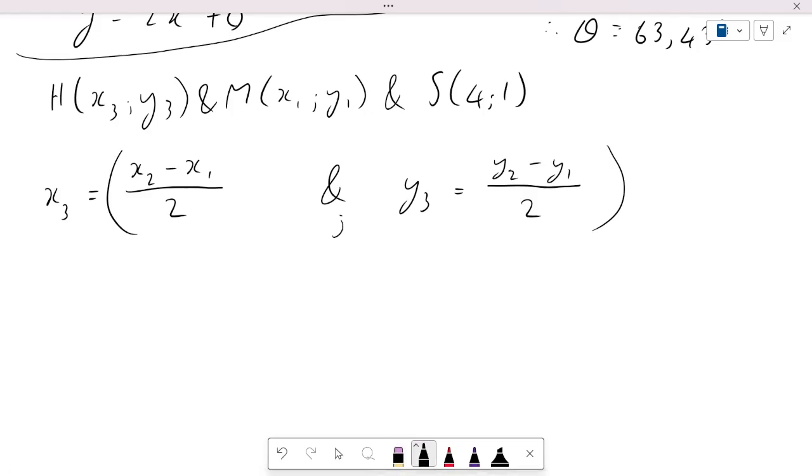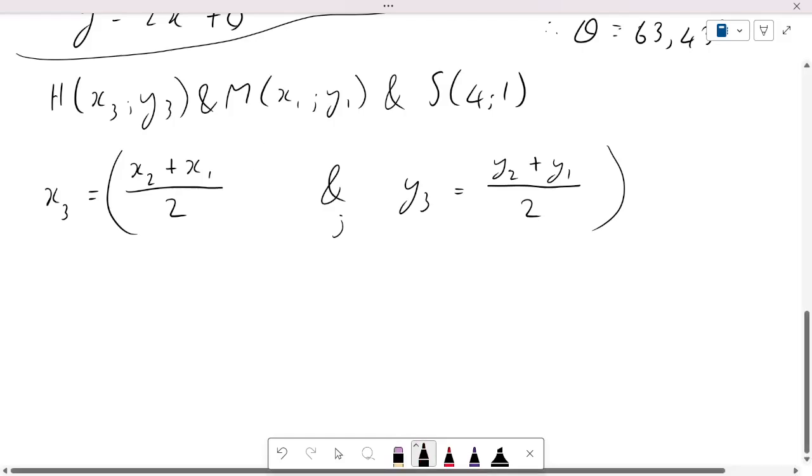Wait, hold on, give me a moment. Okay, I referred back to my formula. It's not minus, sorry, I got the gradient confused. Just note that it's actually the midpoint formula, but this time we're making our own equations.